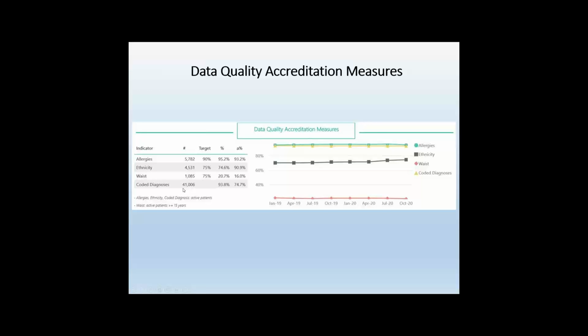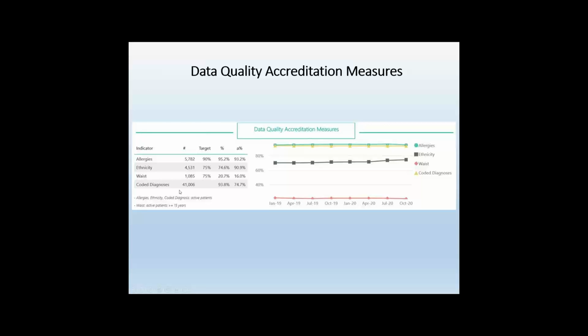This was something that was changed recently. We did try expressing this as a number of patients whose records were 100% coded, but that caused the percentage to come down for practices, and there was feedback and discussion around that, and it was decided to revert it back to this way of doing things. One of the main reasons was that it's not always possible to code every diagnosis.